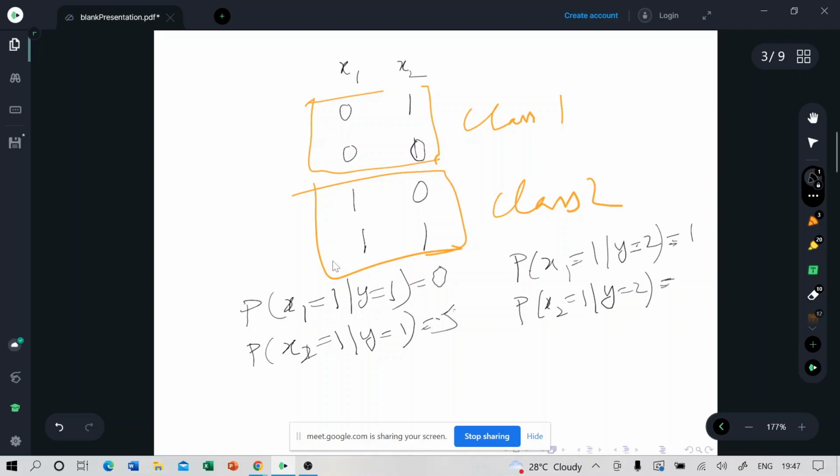We add a small positive number to each of these N_Yi. In that way we can calculate theta_iY, and even if N_Yi becomes 0, the whole probability will not become 0.